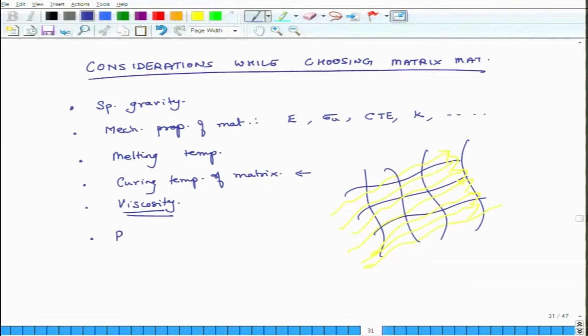Then you have reactivity with fibers. You really do not want your matrix to react with fibers, they should be mutually inert with respect to each other. Then reactivity with ambient environment.